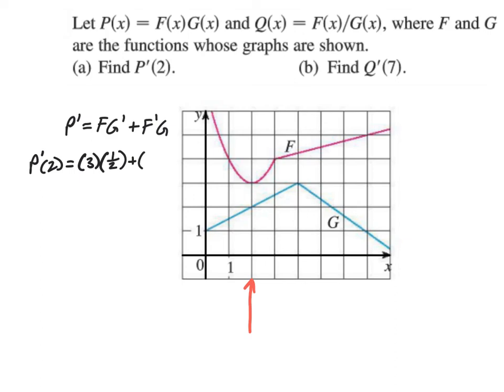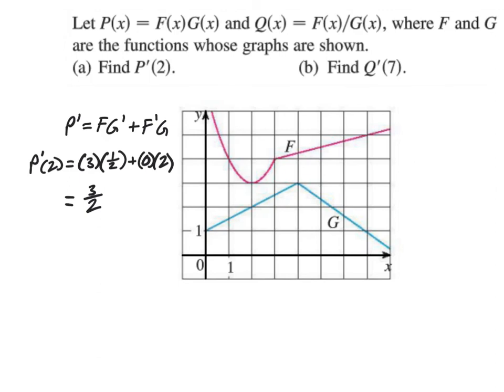Well, notice it's just gone from going down to going up. It's flattened out. And anytime a graph flattens out, what's its slope? 0. And so that's going to be a 0 times our g value there, which is 2. And so then it's just 3 times 1/2, which is 3/2, 1.5, pick your favorite flavor, and that's all you got to do for that part.